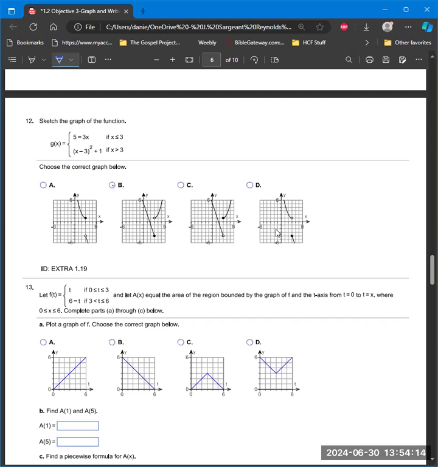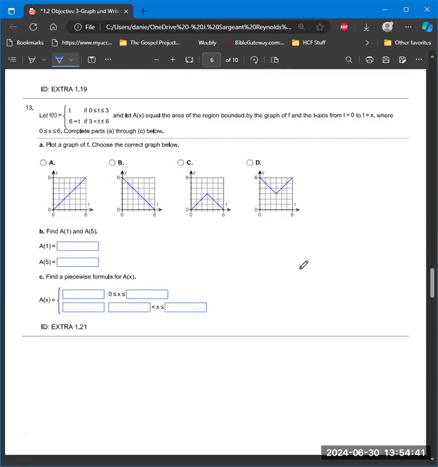Yep, it's B. So I just stuck in some points and tried them. This has a y-intercept of 5, a slope of -3. Then this piece has its vertex at 3, 1 over here, but it's open. And greater than 3, we're going to have the right half of the parabola there, right 1 up 1, right 2 up 4, and so on. So it's B.